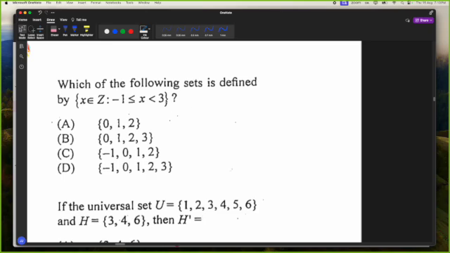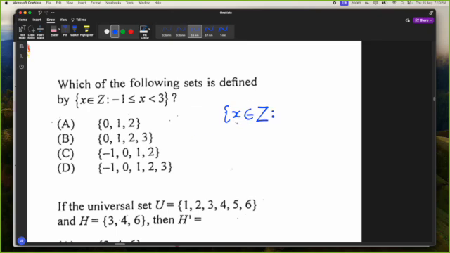Which of the following sets is defined by that? Well, first of all, what is that? All right, the set of numbers that are elements of integers. I think we did the sets of numbers already. An integer includes negative numbers.